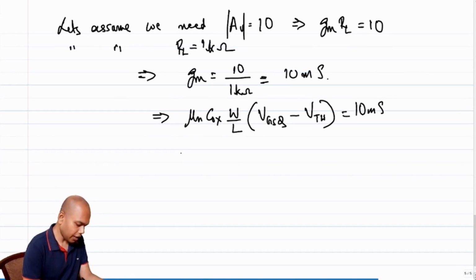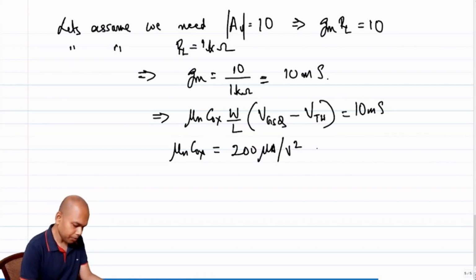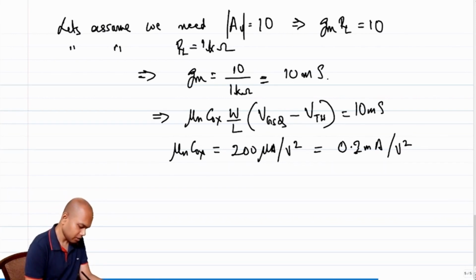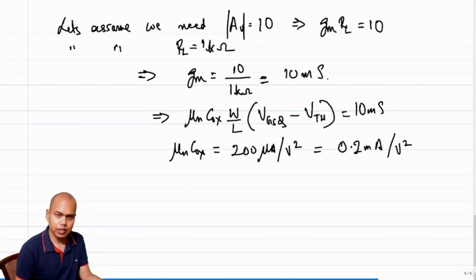Let's assume for the time being mu n Cox is given. Let's assume mu n Cox is 200 microamp per volt squared, or in terms of milliamps, 0.2 milliamp per volt squared. The technology that you are using ensures that this is the case.